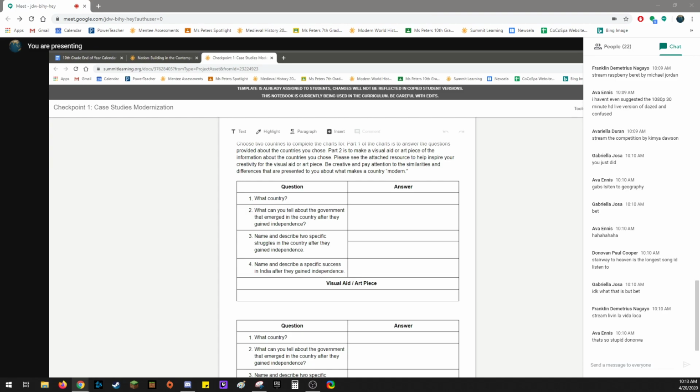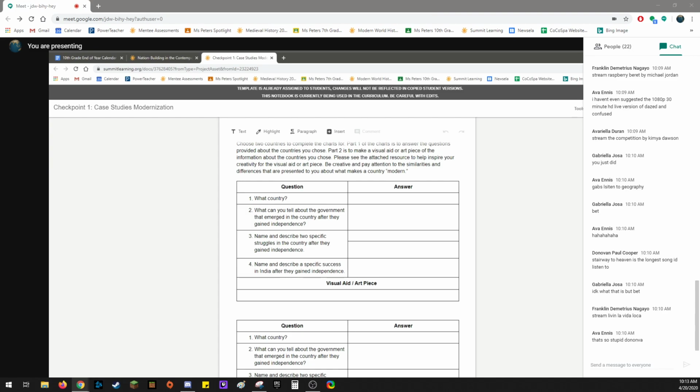That could be independence from a colonial power, independence from an imperial power, or independence from an in-country dictatorship or military rule. Whatever that independence is defined by, what happens after that independence is what we look at for modernism. And a lot of that can be told through what the government is up to.